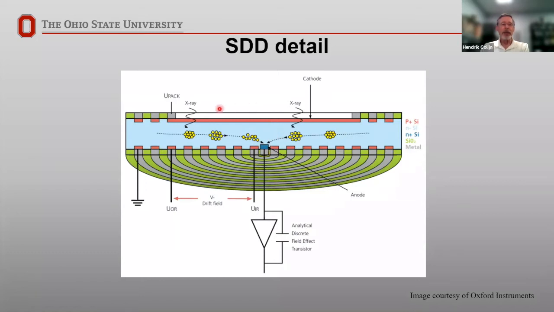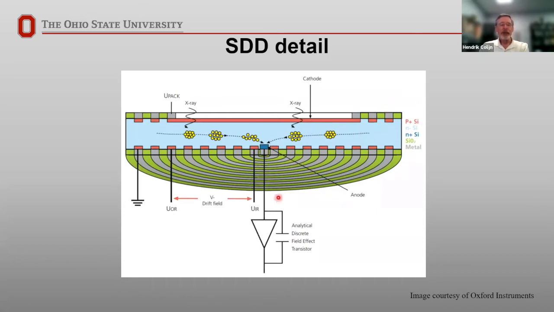And the capacitance of this detector is much, much lower than the SiLi detectors. So as a result, they can run 10, 100, even 1,000 times faster than a SiLi detector. You can get up to hundreds or even up to maybe 1 million counts per second coming out of an SDD, depending on how you set it up.